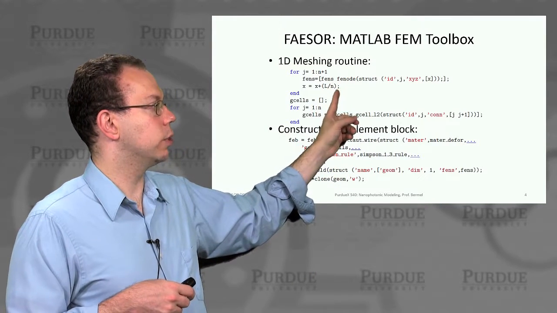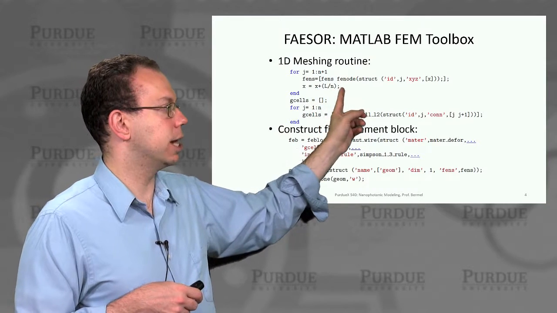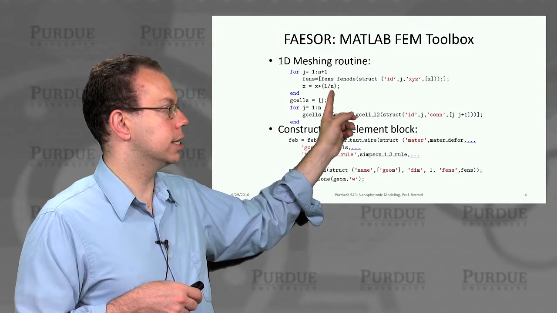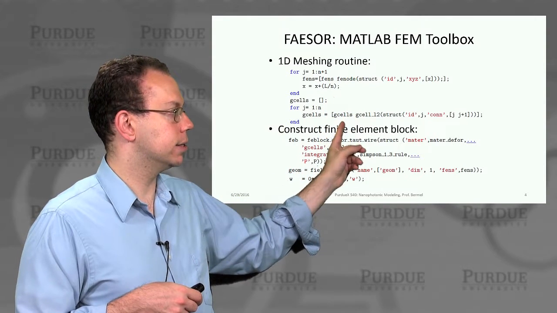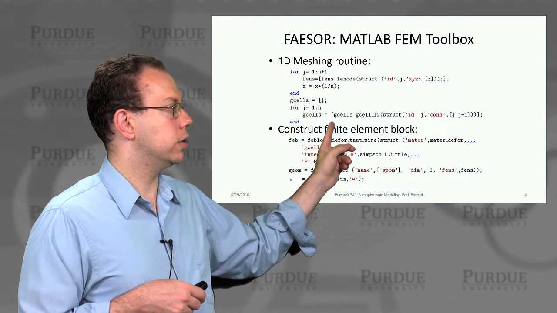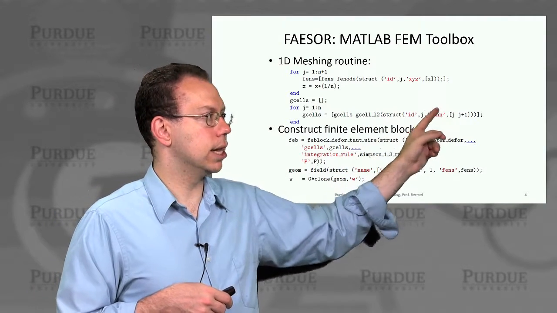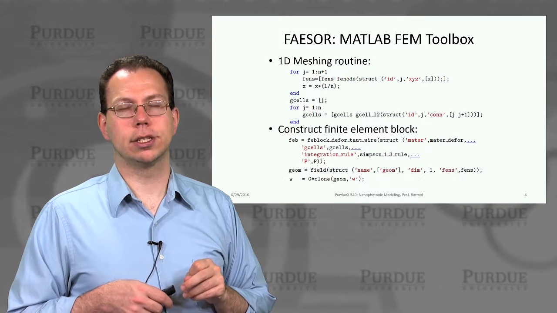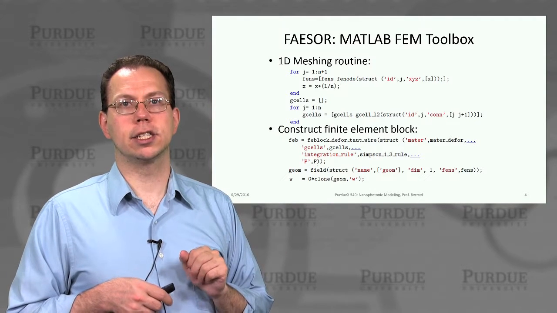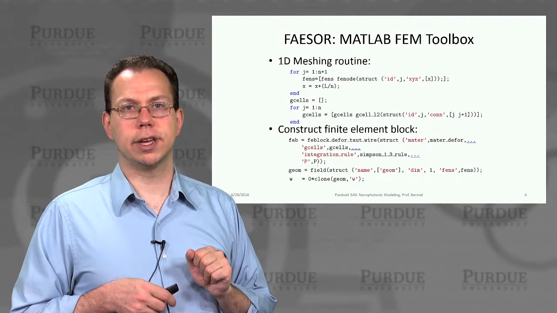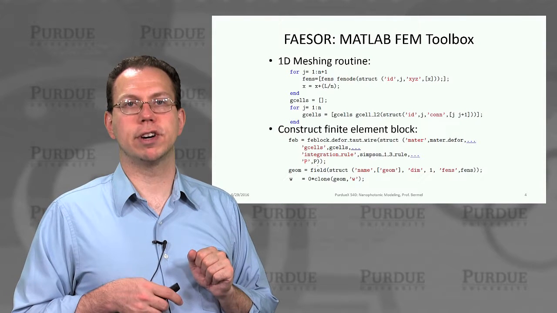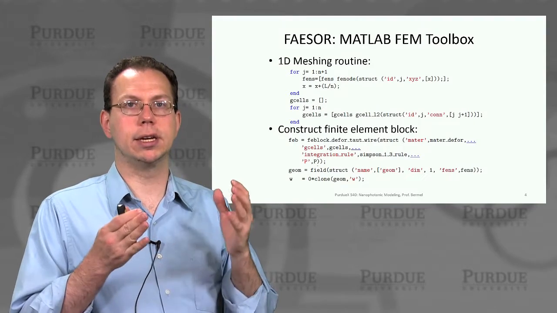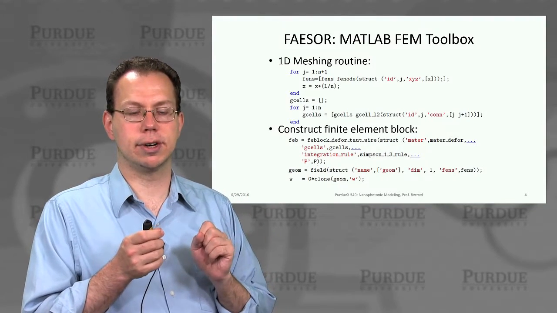In this case, it's just a 1D problem, and so you're just spacing them out more or less evenly. You can see X is just increasing linearly over space, and then you create a bunch of connections, and this is just nearest neighbor connections. This is good because it's going to be much easier to solve and invert these kinds of problems with very sparse matrices than if the matrix was densely populated and everything was connected directly to everything else.